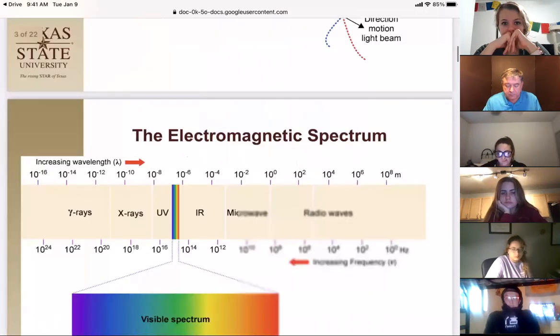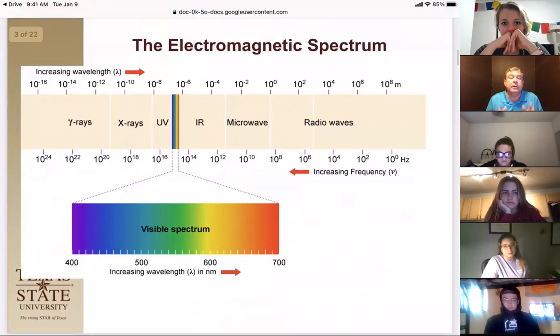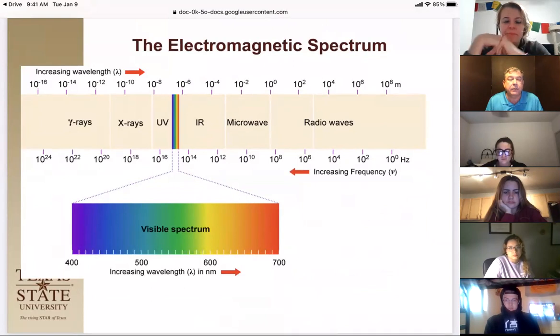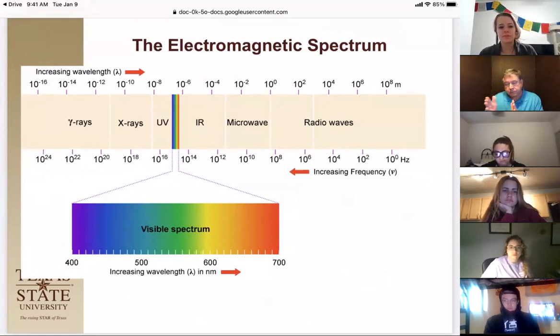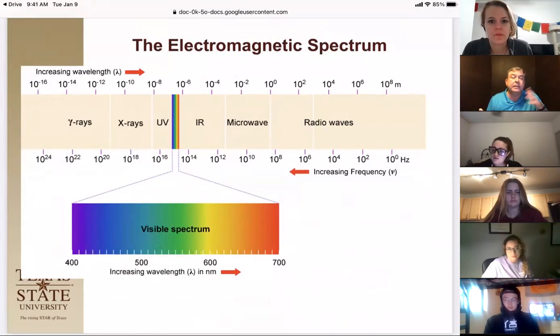Okay, so IR or infrared is just above red on the electromagnetic spectrum as we increase wavelength. So IR is a longer wave than the visible spectrum, and it's also decreasing in energy. So if you look on here, the energy increases as we go from right to left.